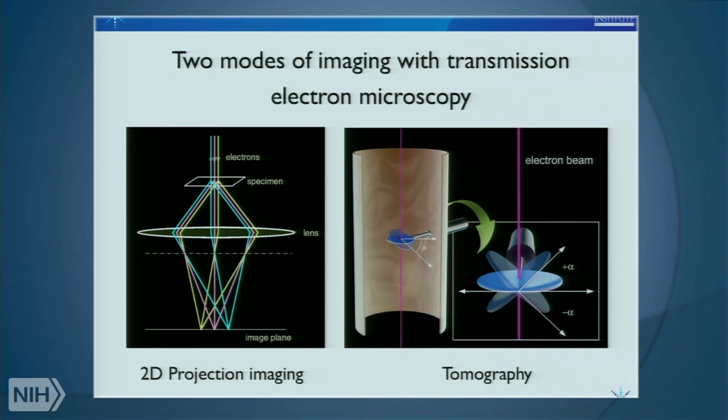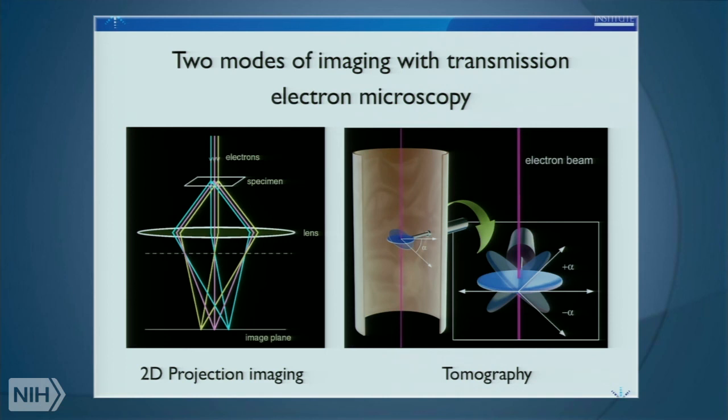If you collect images of individual molecules in different orientations, and you collect many thousands or tens of thousands of these images, these projection images, 2D images, can be combined to generate a 3D picture. And that is the approach that's used in cryo-EM.